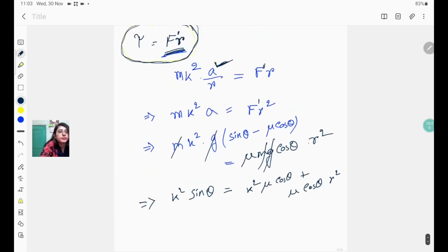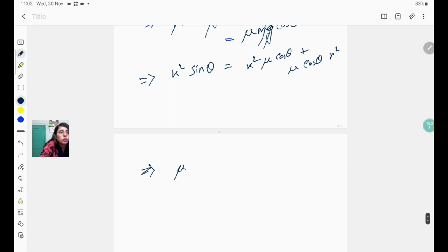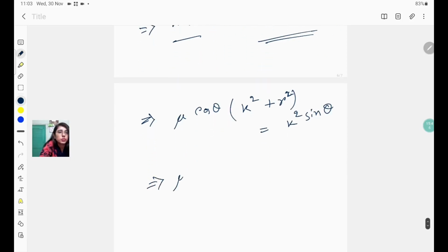Now if we take a common factor of mu into cos theta, then inside we will have k square plus R square, right, equal to k square sin theta, and we have to find the value of mu. So mu is equal to k square sin theta divided by cos theta into k square plus R square.